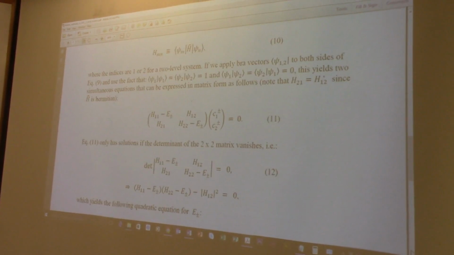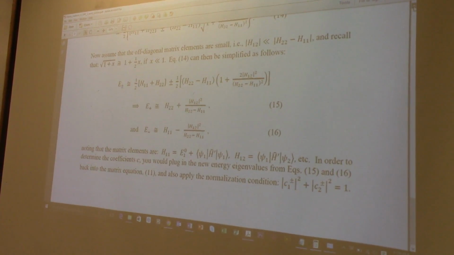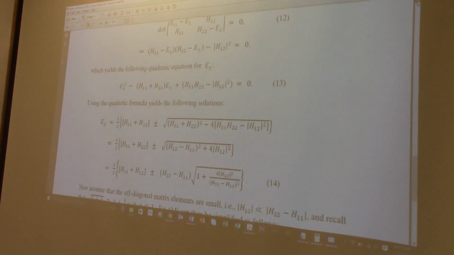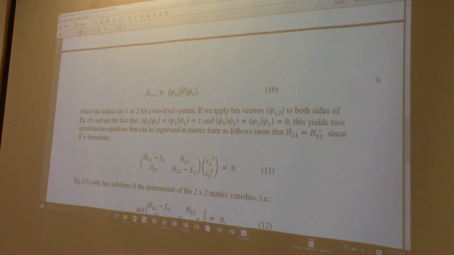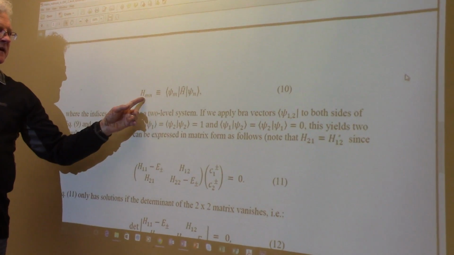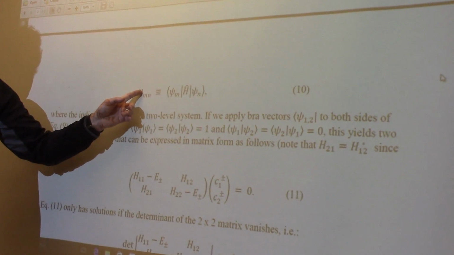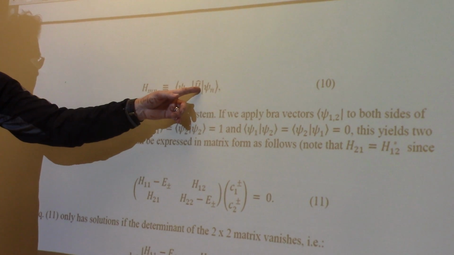So here's where things start to get somewhat non-trivial. Originally, for the original Hamiltonian H naught, remember that this was diagonal.